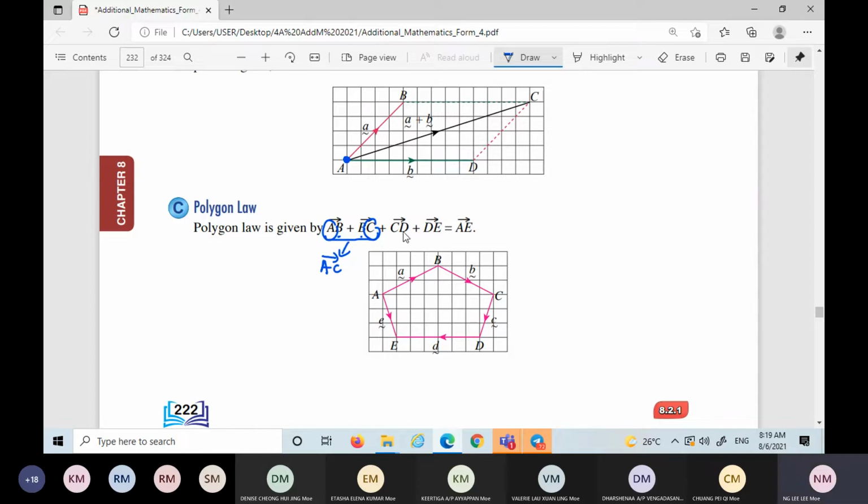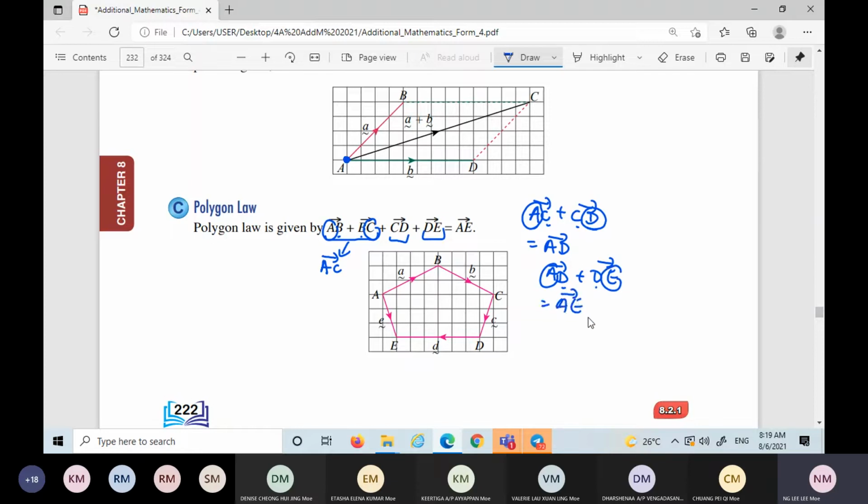Then AC continues with CD. Again the same thing: C and C are the same. So the resultant of AC plus CD will be AD. Then continue plus this: AD plus DE. D and D are the same, so AE.